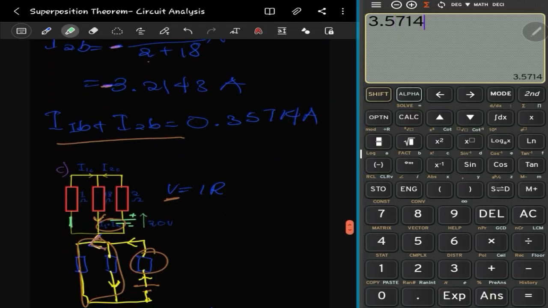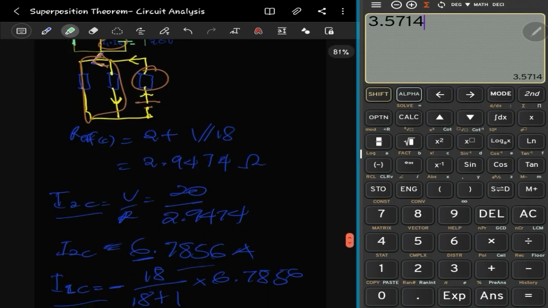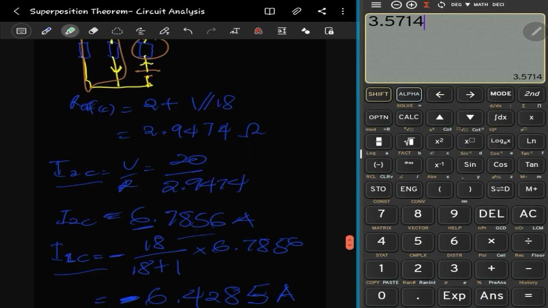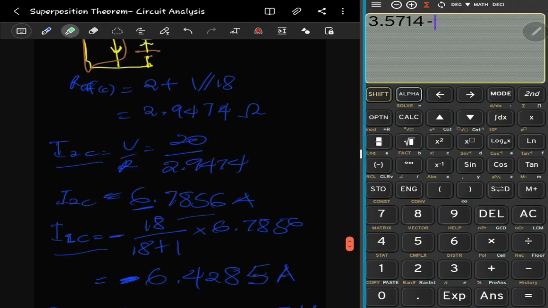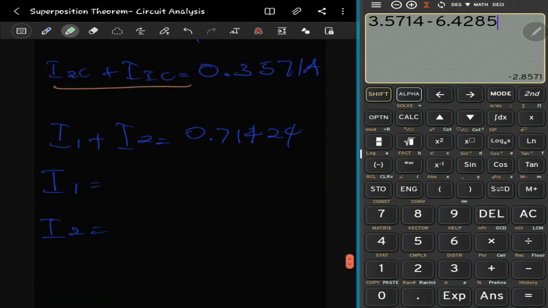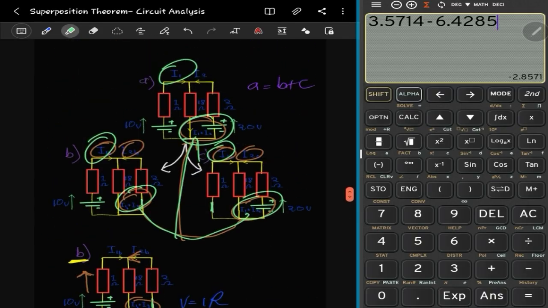Then I1C is minus 6.4285, right? And that gives us, this is our I1, right? A minus 2.8571.